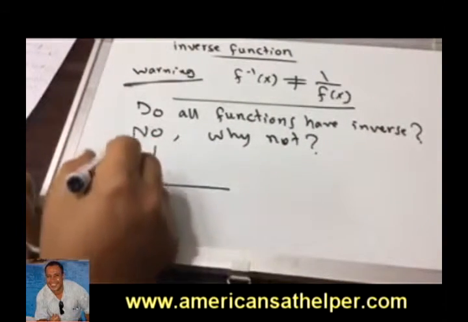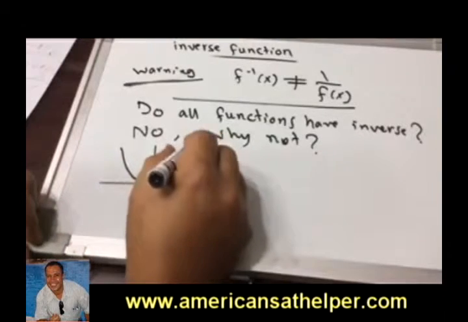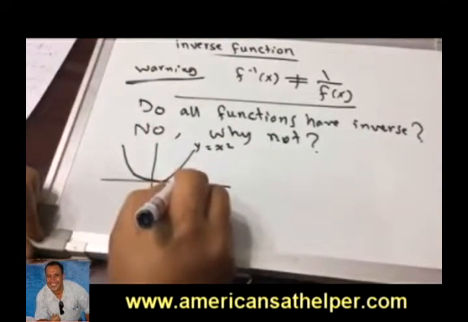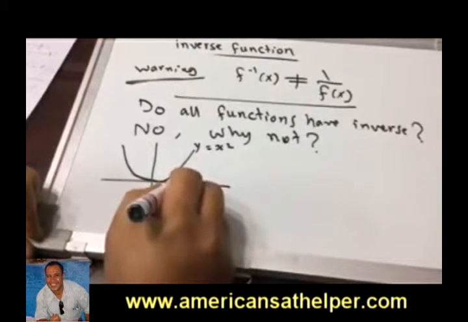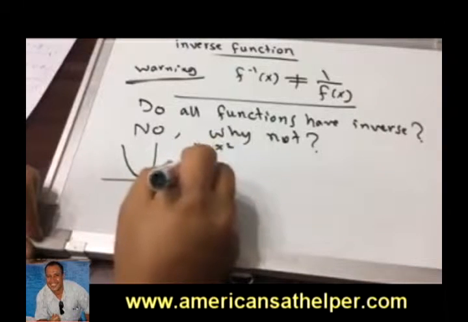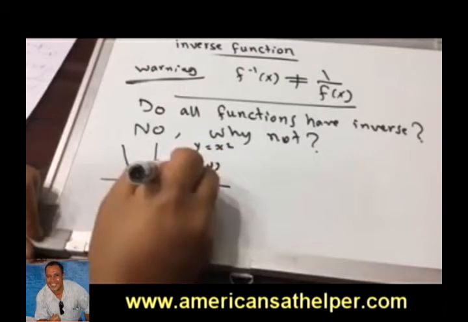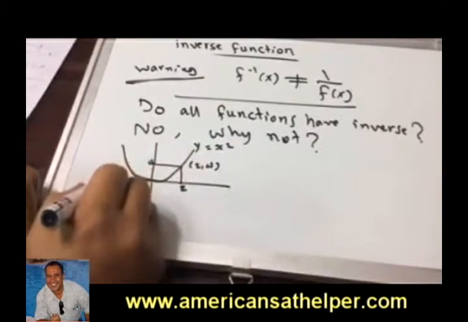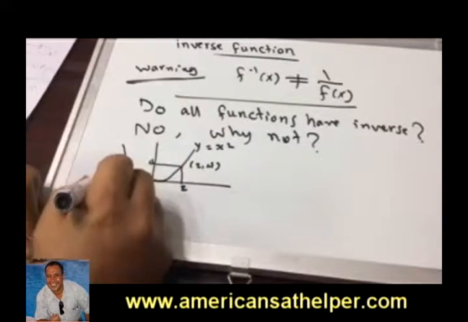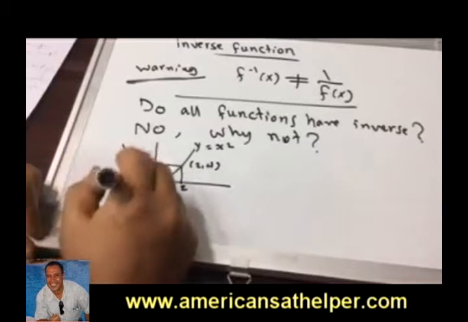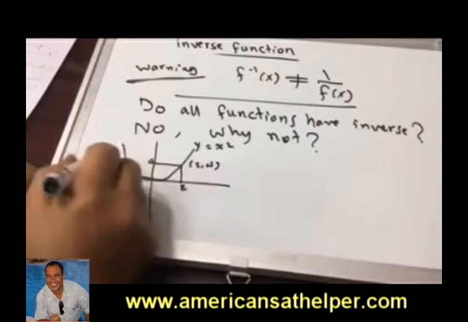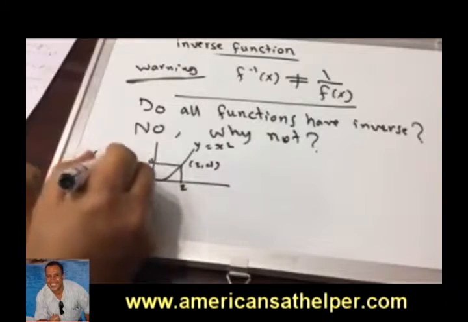If you have a simple quadratic function y equals x squared, when x equals 2, you can see that 2 squared is 4, this point 2 and 4. And when x equals minus 2, you can see that minus 2 squared is also 4. This point minus 2 and 4.